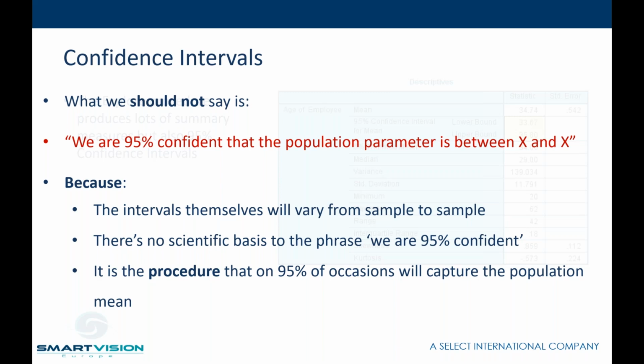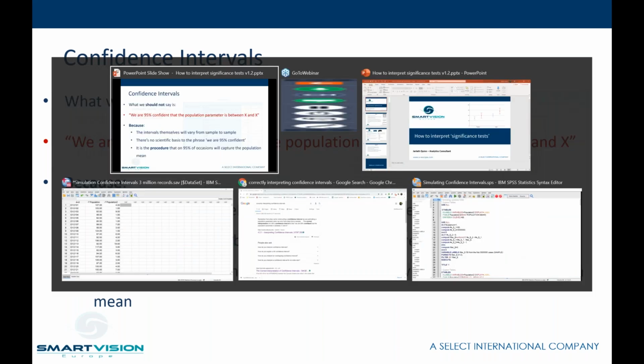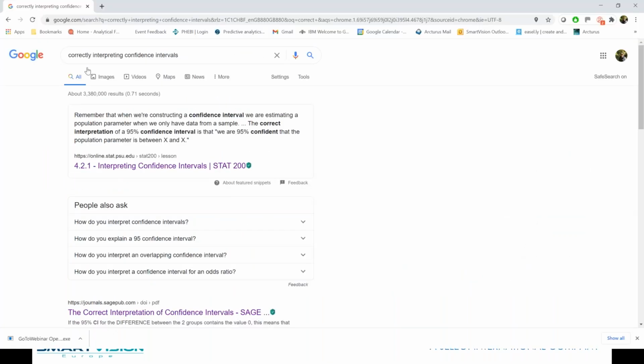And to show you how prevalent misinterpretations of statistics are, and how poorly controlled some of the language around that is, if I skip out here to Google and just show you what happens when you Google correctly interpreting confidence intervals, the very first hit that comes up is from interpreting confidence intervals stat 200.